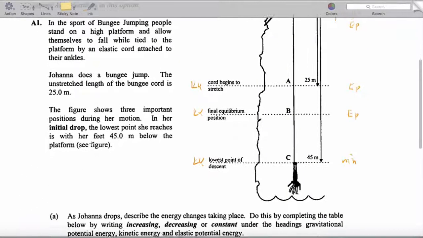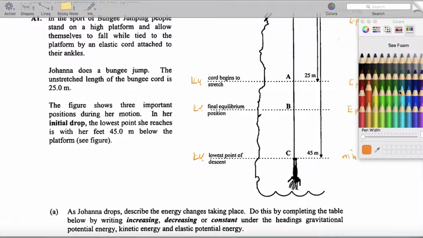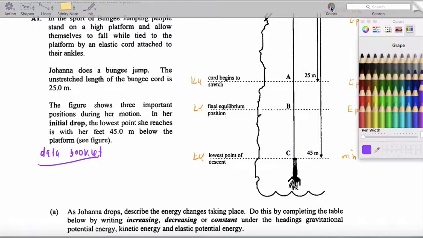So what I want to do is, this time I'm actually going to go straight for the data booklet. I'm going to get some data booklet equations here. Maybe it's useful, maybe it's not. Let's just get it written down. So I'm going to say EP is mgh, Ek is 1/2 mv squared.